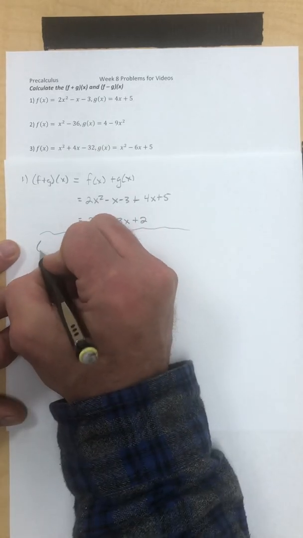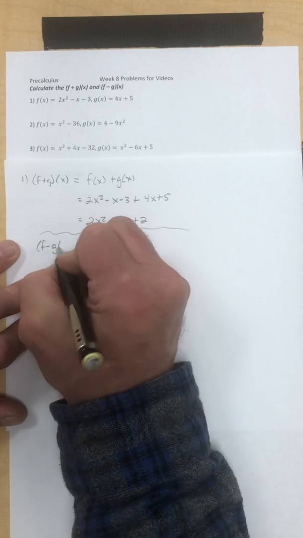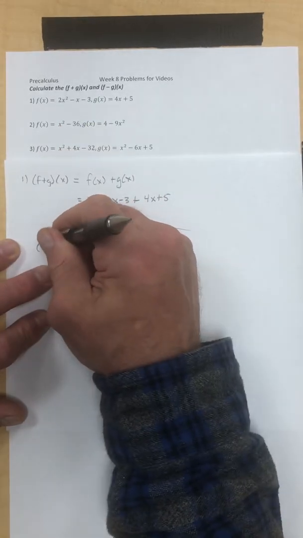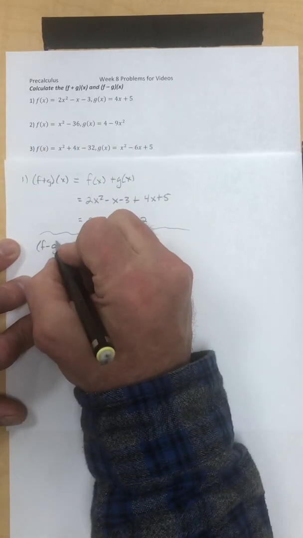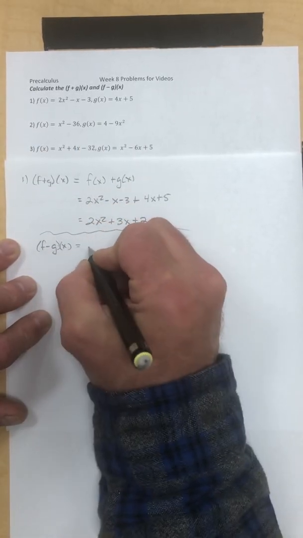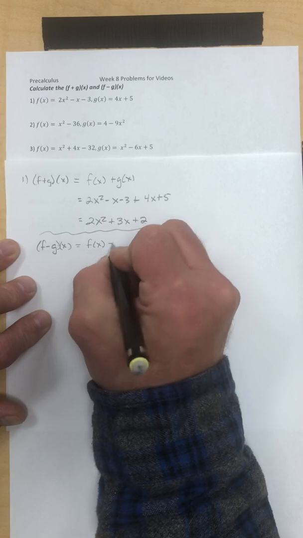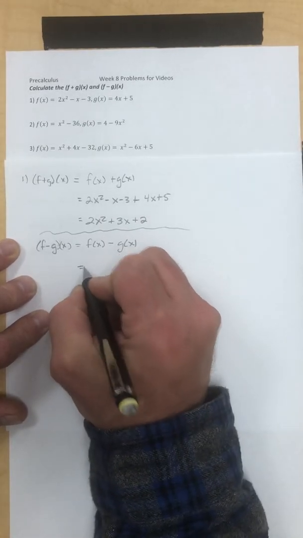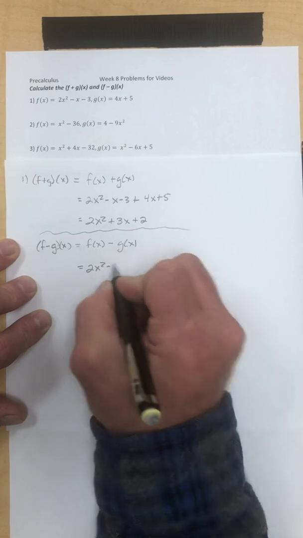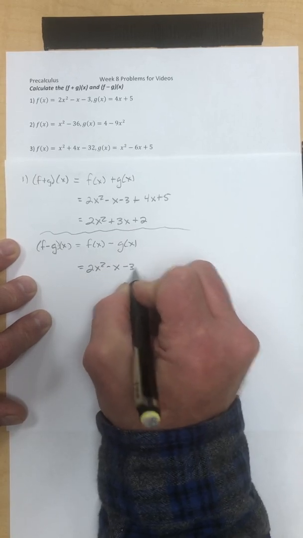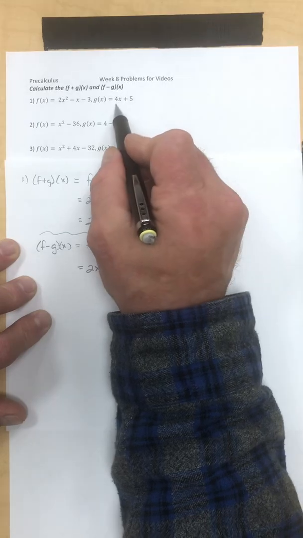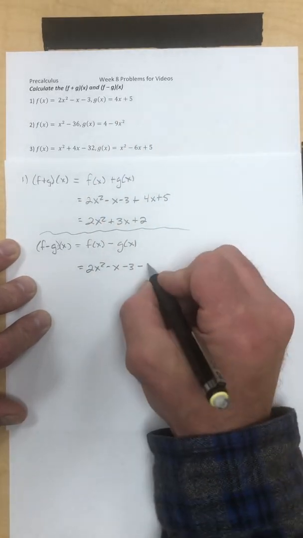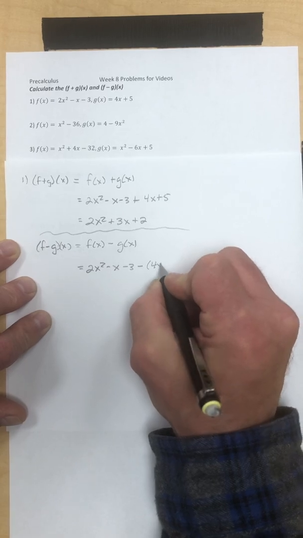Now I have to do f minus g of x. So I have to go f of x minus g of x. So I've got my 2x squared minus x minus 3 minus, well, I'm going to be subtracting something with more than one term, so I want to subtract the whole thing, so I've got to use the distributive property.